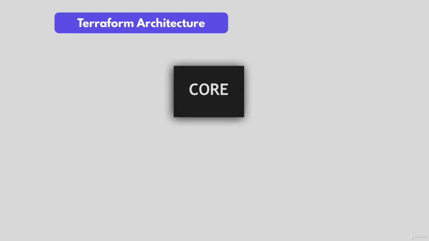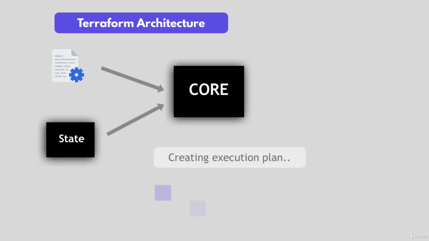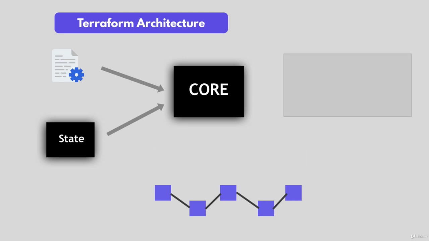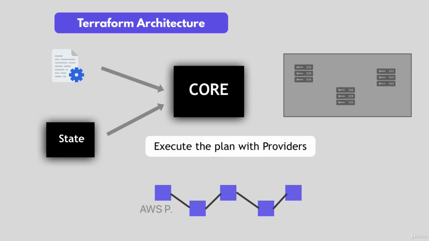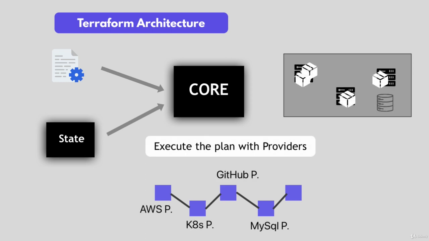So once the core creates an execution plan based on the input from config file and state, it then uses providers for specific technologies to execute the plan, to connect to those platforms and to actually carry out those execution steps.